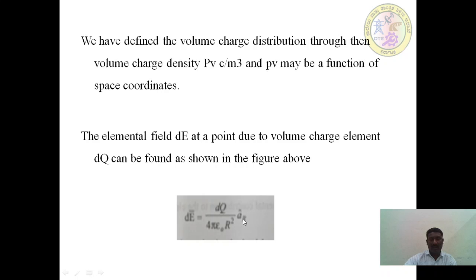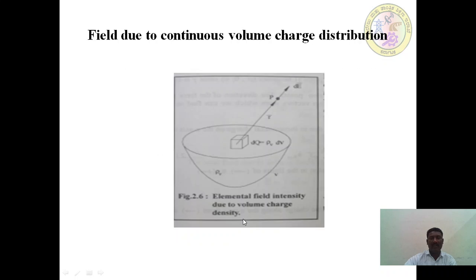This is a unit vector showing the direction in which the field dE is to be considered.